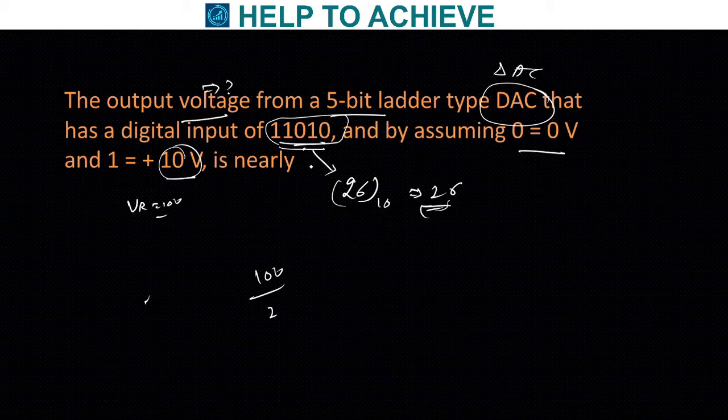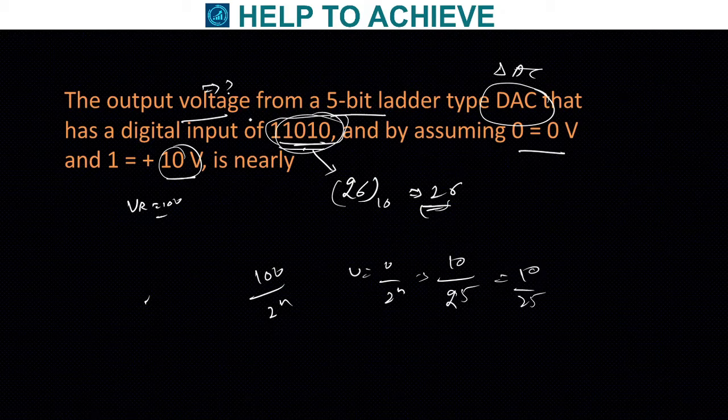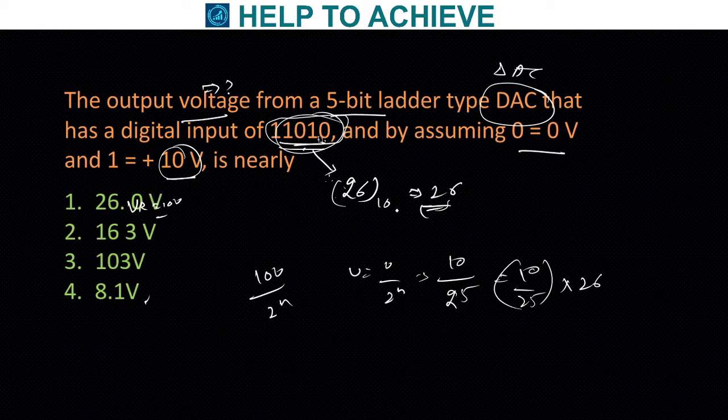We know that the resolution is nothing but the full voltage divided by 2 to the power of n. So 10 volts by 2 to the power of 5, since 5 bits are used. So 10 by 2 to the power of 5 is the resolution. Then for this input, how much is the voltage? This is nothing but the resolution times 26. So that corresponds to 8.1 volts.